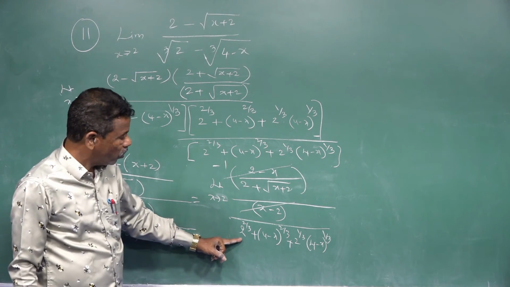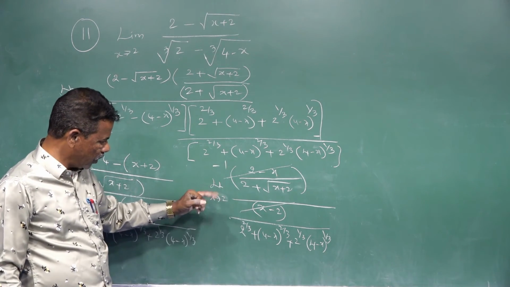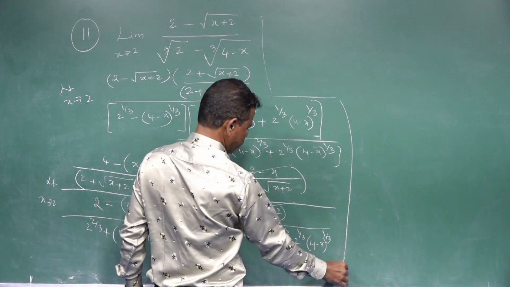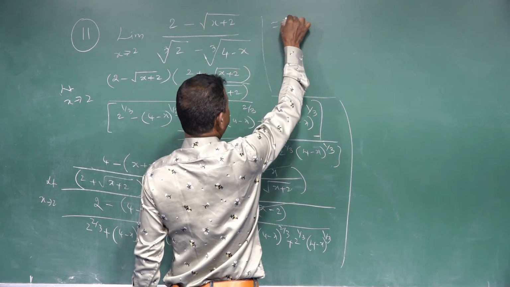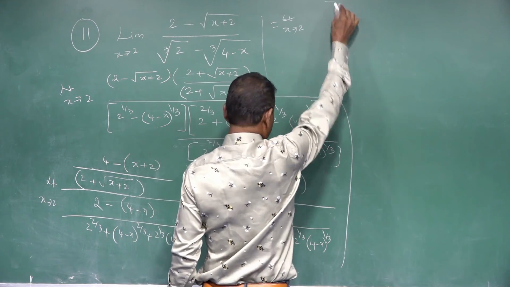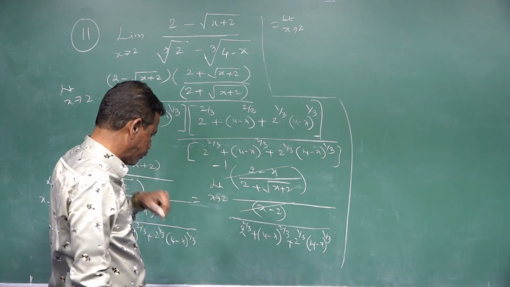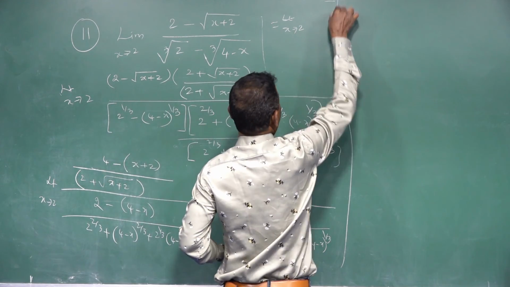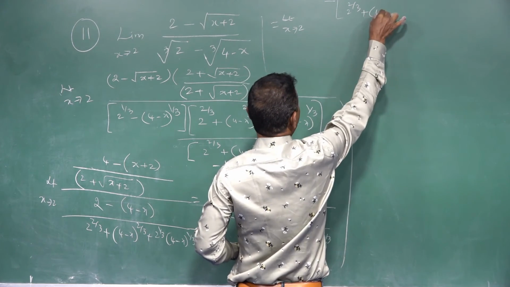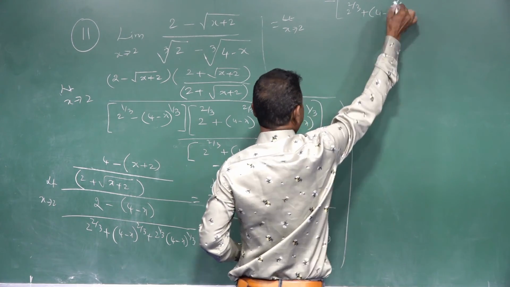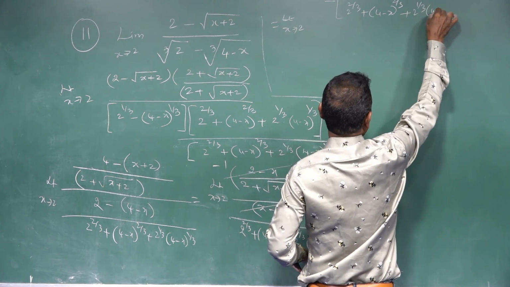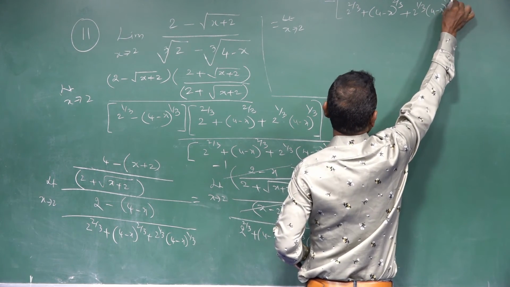So this is going to the numerator: limit x tends to 2 of minus this expression, 2 power 2 by 3 plus (4 minus x) power 2 by 3 plus 2 power 1 by 3 times (4 minus x) power 1 by 3.